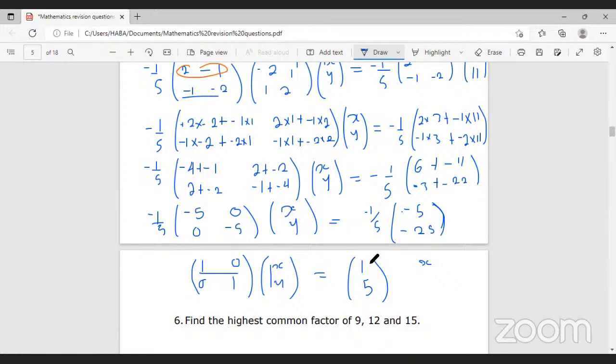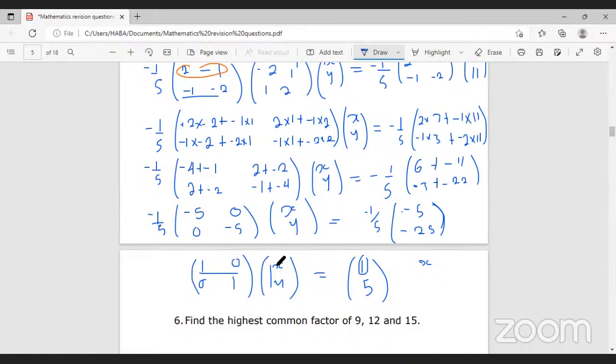But why is it that we don't just equate x is equal to 1 and y is equal to 5? If you do it like that, it's just cram work. We have to show the examiner that we know mathematics.